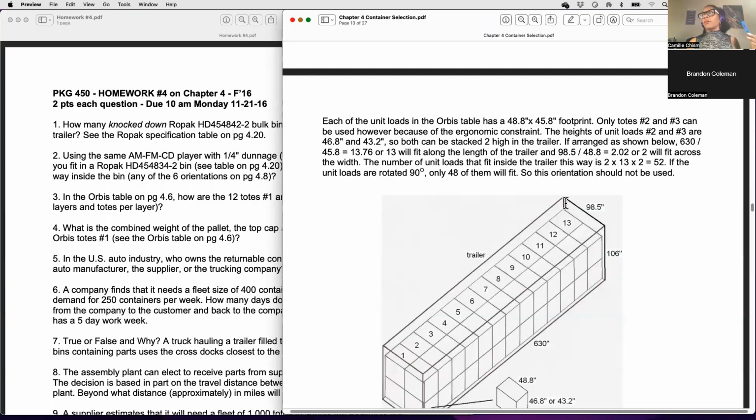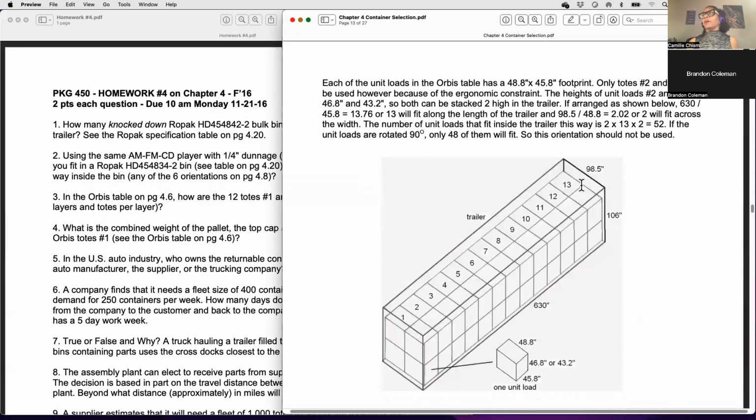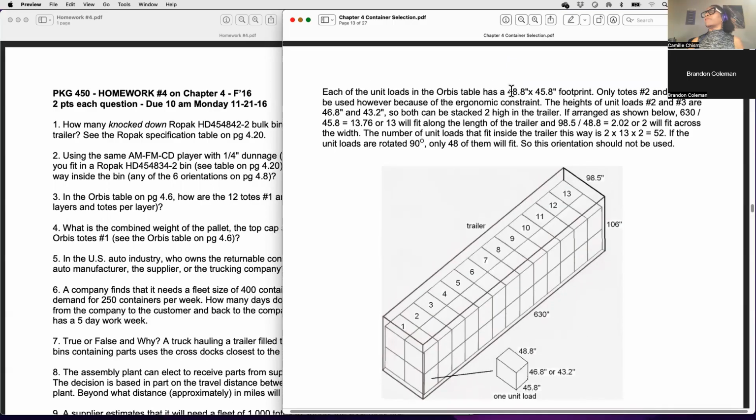We already know that on those pallets, we can get 13 in a trailer, and you can see how they did that. So we've got the 48 by 45 footprint, and most people just say 48 by 45.